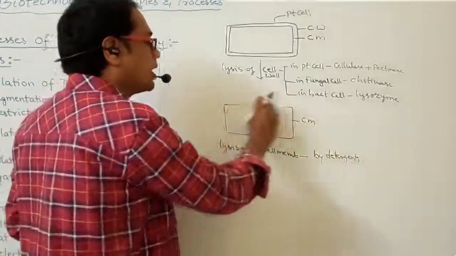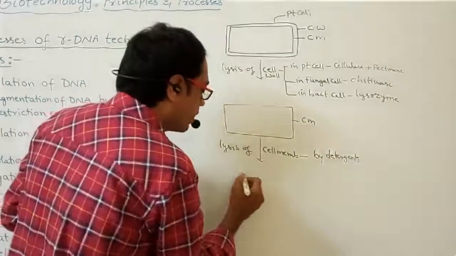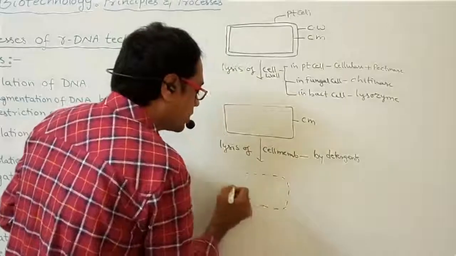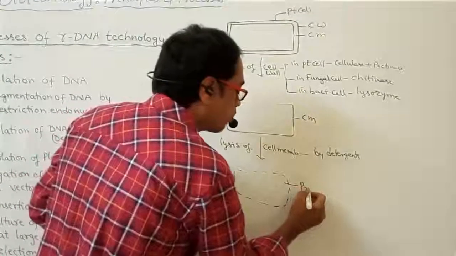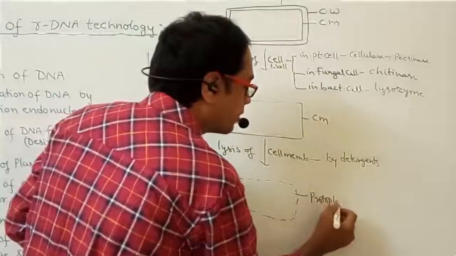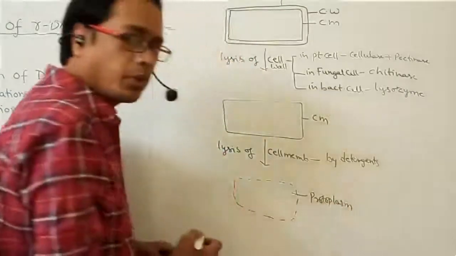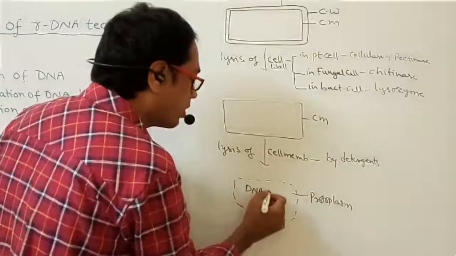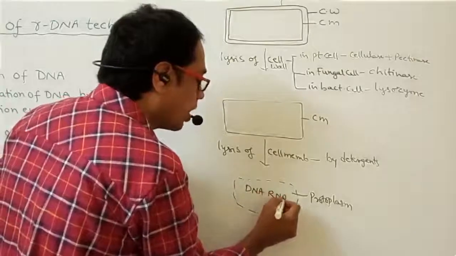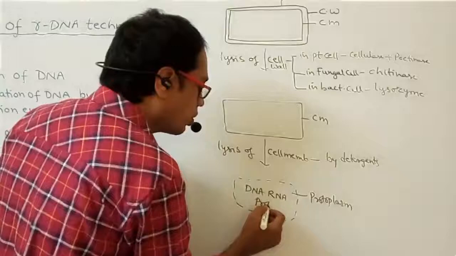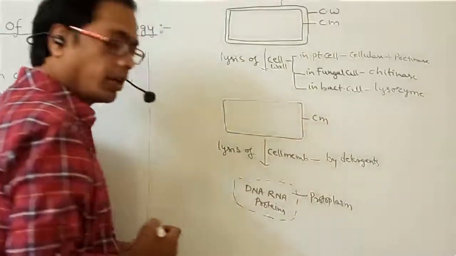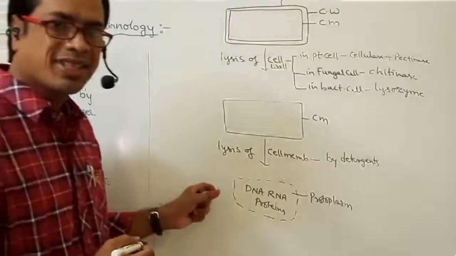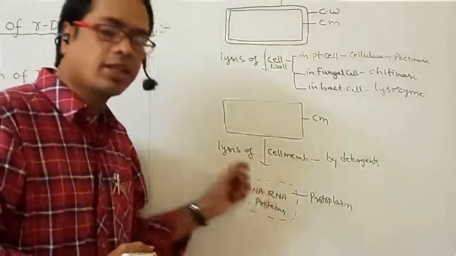Next, the cell membrane is removed, so finally what is present? That is protoplasm. In that protoplasm, DNA is present, RNA is present, and proteins are also present. Various substances are present inside the cell.